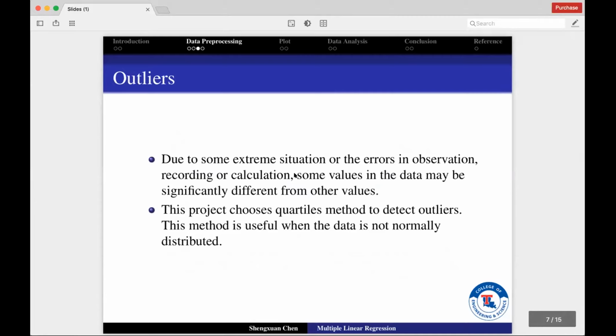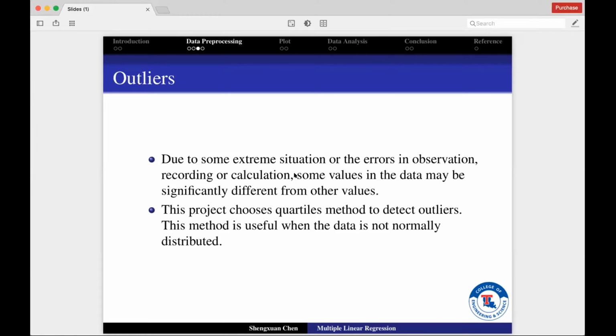Since the data in this project is very large, it may include some outliers. Therefore, clearing those outliers is an important step before data analysis. So this project will use the quartile and the interquartile range to find those outliers.